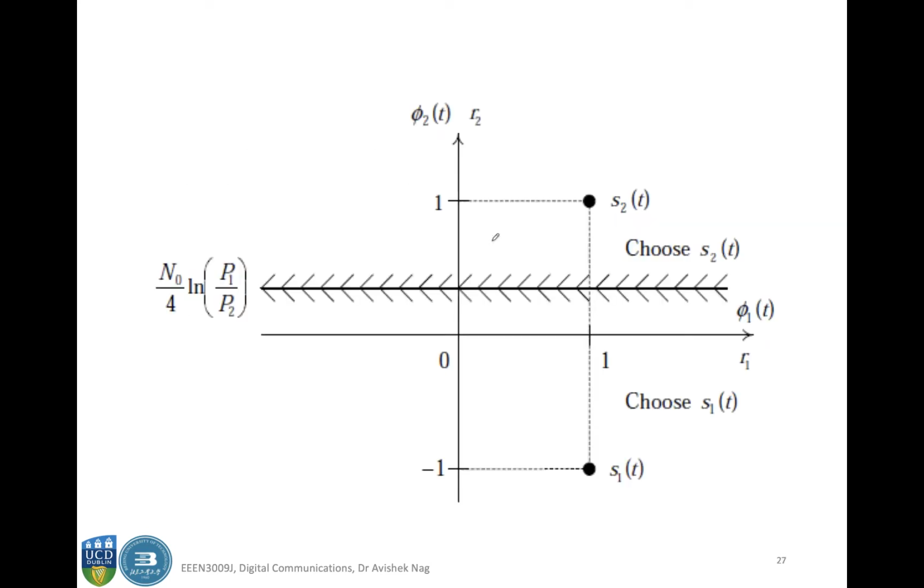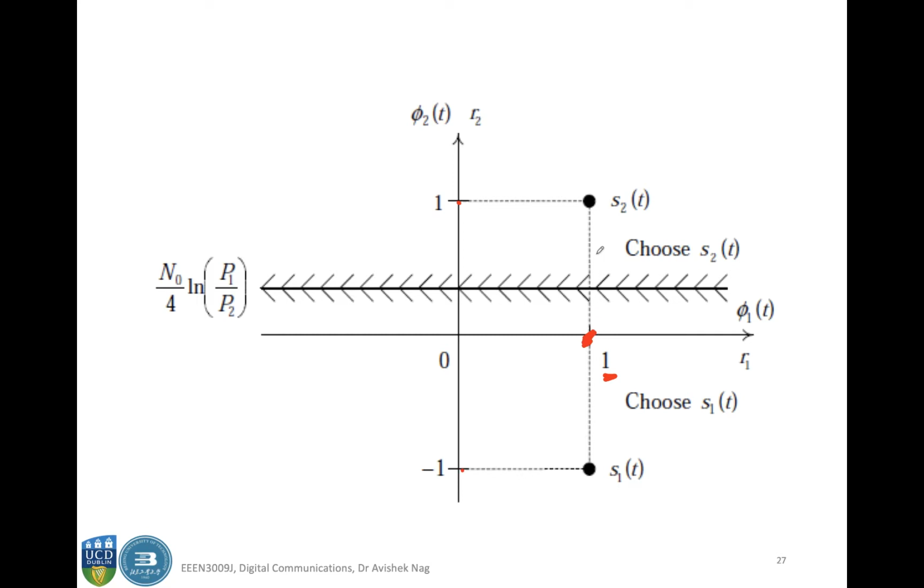So let's say you draw the decision boundary. For both these signals S1 and S2, you see the phi1 component is the same. Only the phi2 components are different, 1 and minus 1. Phi1 component is 1 for both the signals.